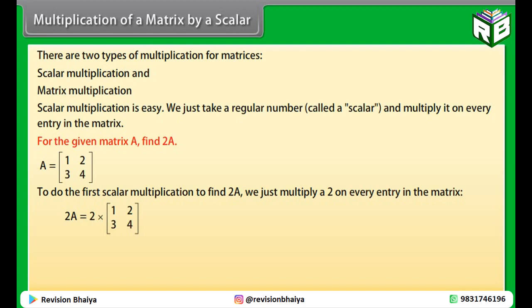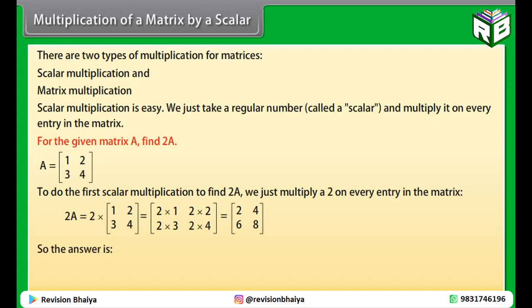2A is equal to 2 into the matrix, row-wise, first row 1, 2, second row 3, 4, which is equal to the matrix, first row 2 into 1, 2 into 2, second row 2 into 3, 2 into 4, which is equal to the matrix, first row 2, 4, second row 6, 8.